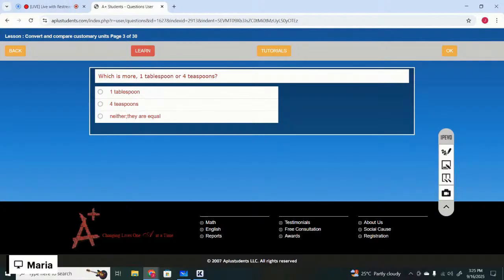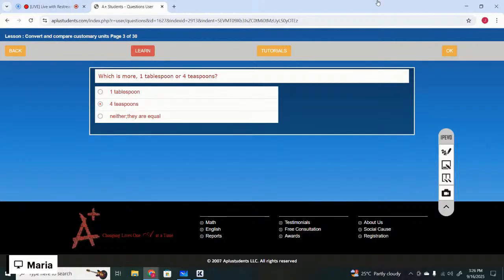Which is more, 1 tablespoon or 4 teaspoons? So 1 tablespoon is the same as 3 teaspoons. 1 tablespoon equals 3 teaspoons.